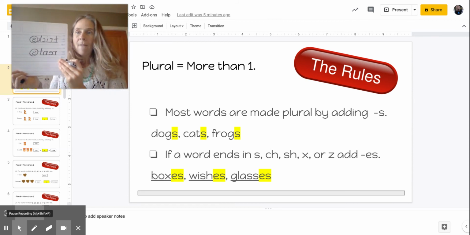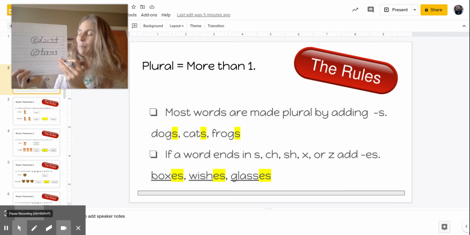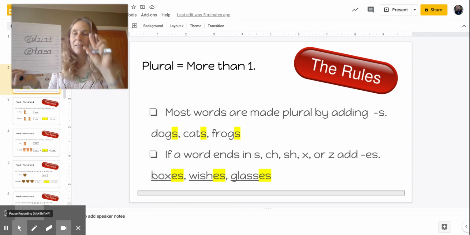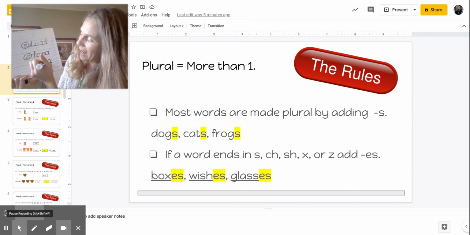Now let's do another one. Let's do the word fixes, like he fixes his bike. So let's tap out the base word fix. Fix. Now I'm going to write fix. And let's see, do we add an S or an ES?